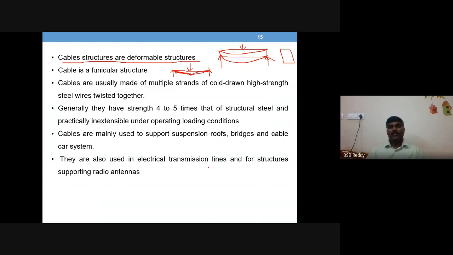And if you put two loads on the cable, for example, like this, it is going to deform like this. So you can see that a straight member has become a triangular shape, a straight member has become a trapezoid. Like this, the geometry is going to be changed.